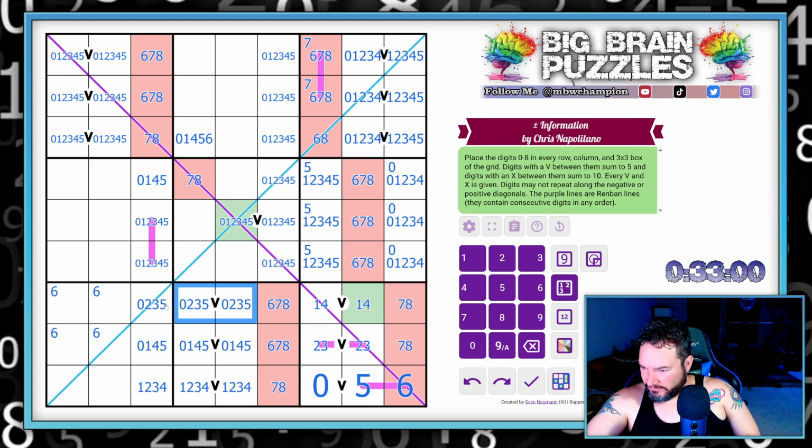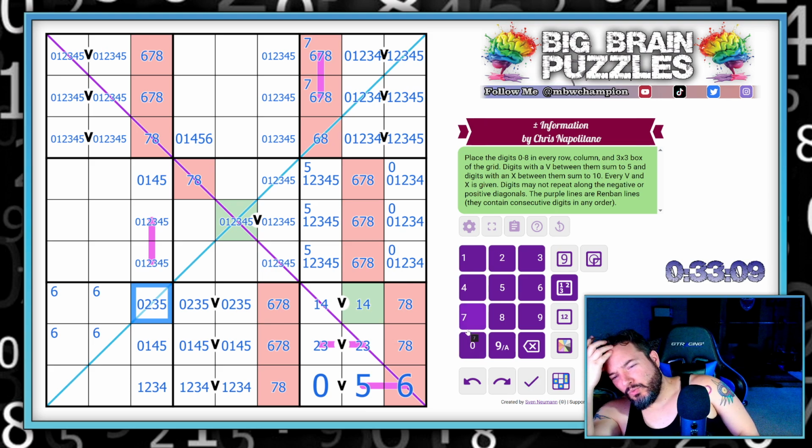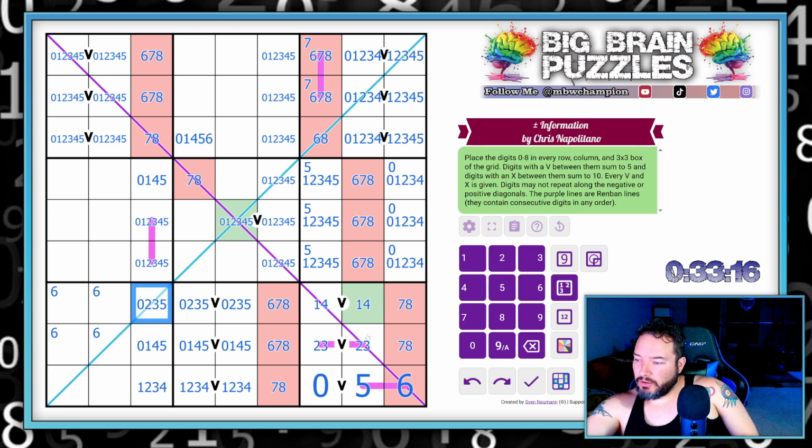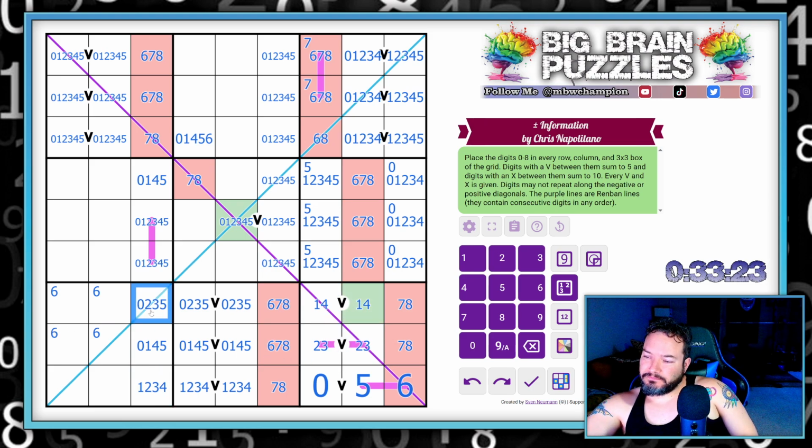So, okay. In other words, there's going to be one of the pieces of the sum on every single one of these. For example, a 0 or 5 is going to have to be in here. So let's just say 0's here.